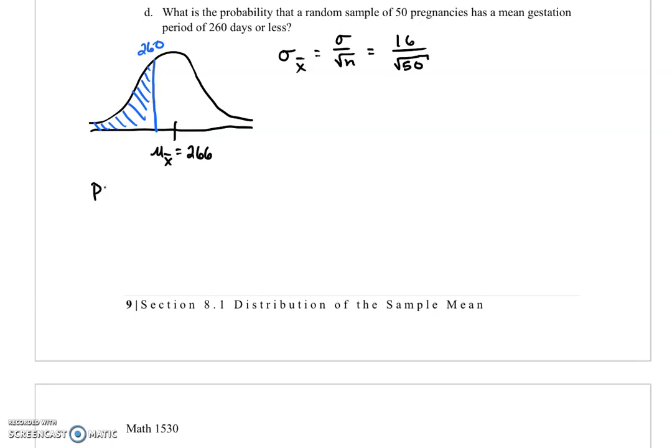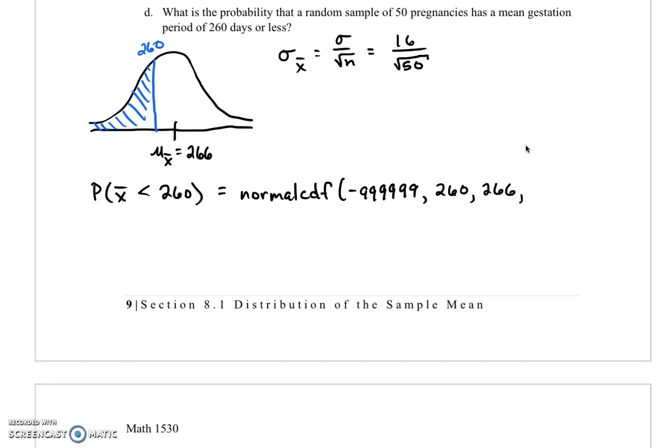So, as we've been doing, the probability that the sample mean is less than 260 days is normal CDF, negative 999,999 for the lower bound, 260 for the upper bound, 266 for the mean, and 16 over square root of 50 where the standard deviation goes.